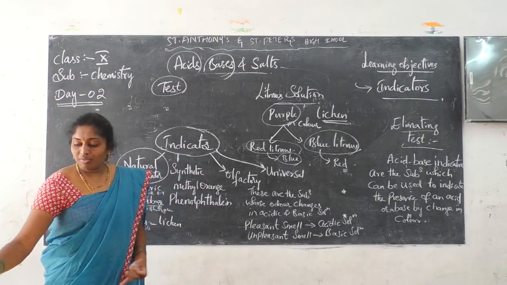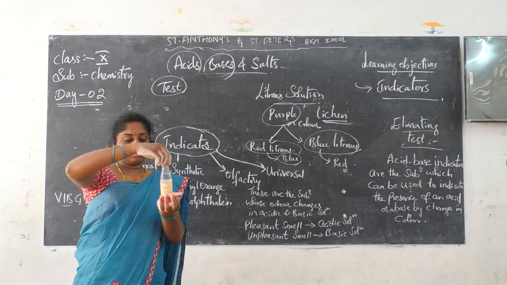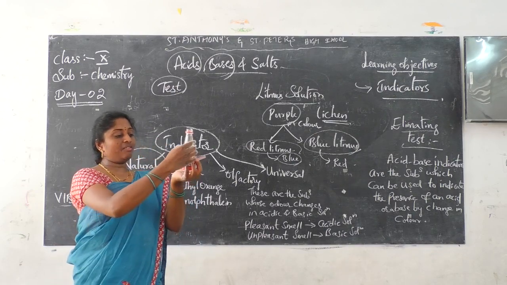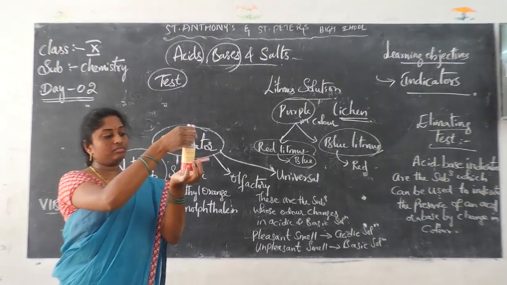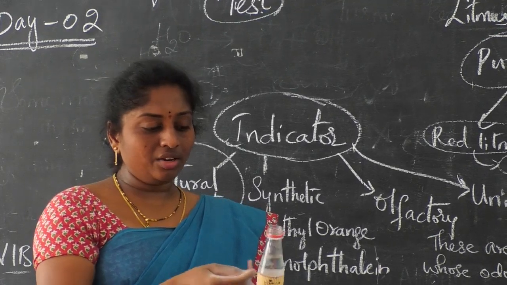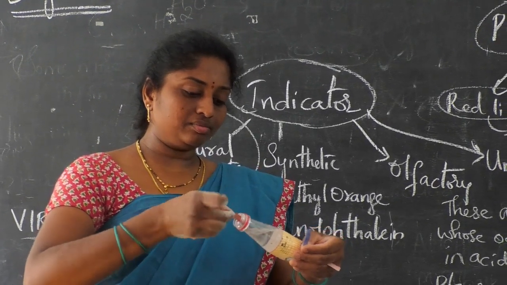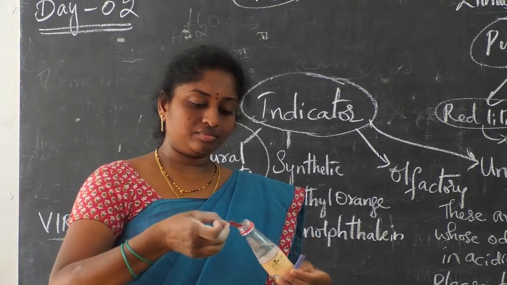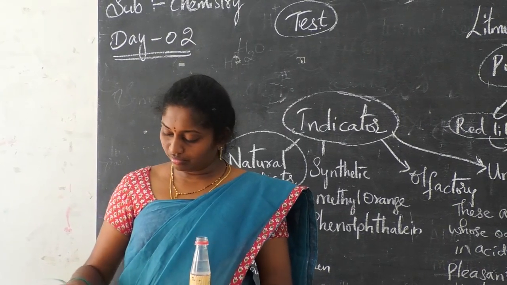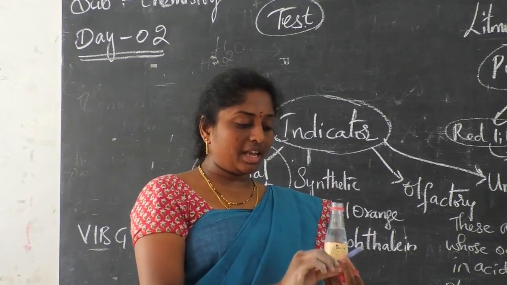We know vinegar. You can see the vinegar here. You know that it is an acid. When it reacts with the red litmus paper, you can see no changes taking place.